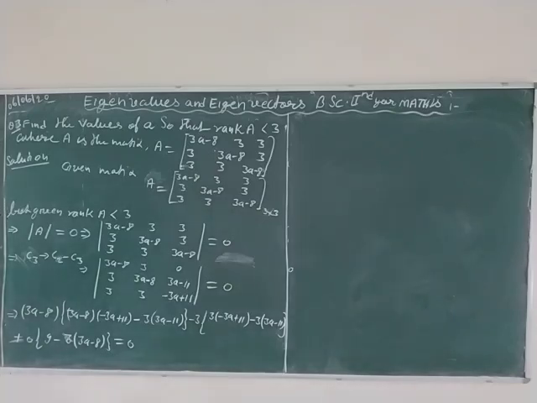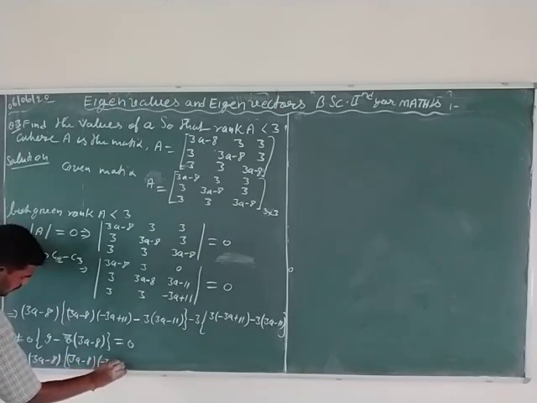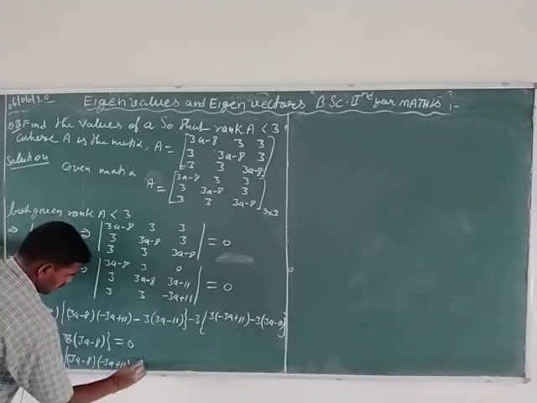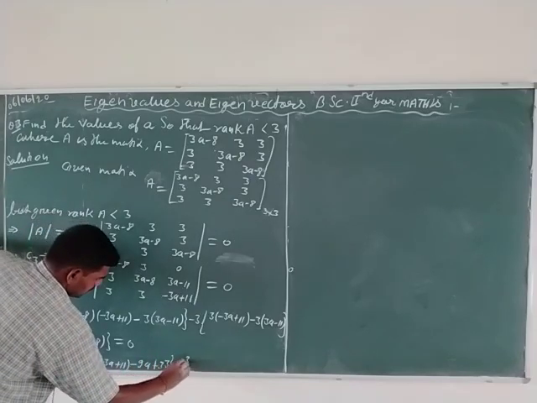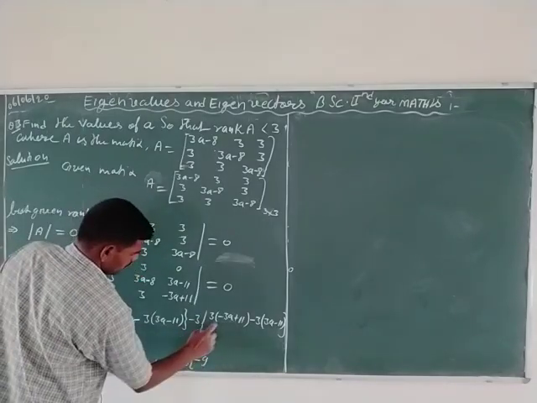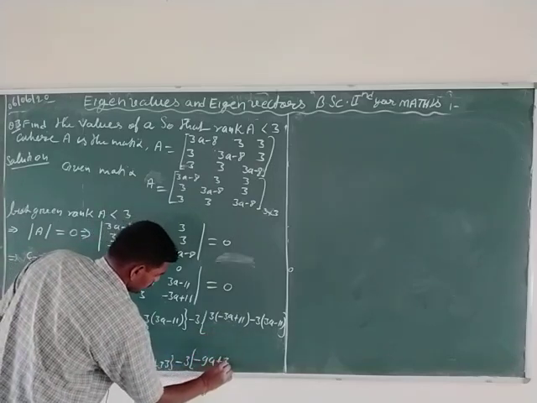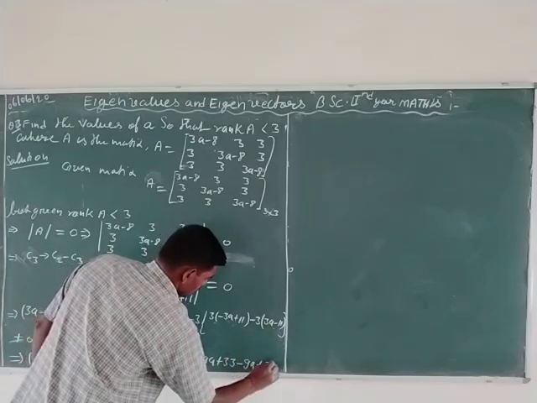This implies that 3a minus 8 in bracket, 3a minus 8, in the second bracket minus 3a plus 11, and minus 9a plus 33, minus 3 in bracket minus 9a plus 33.